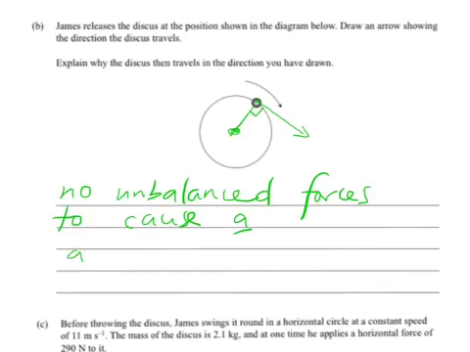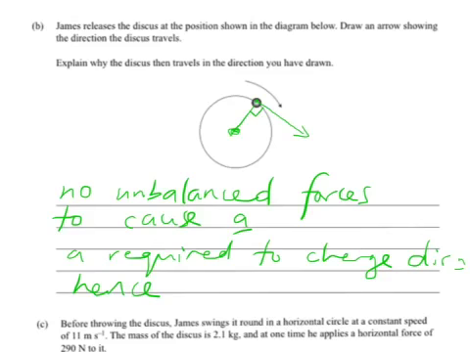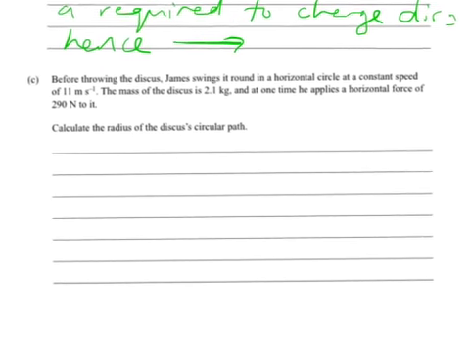So acceleration is required to change direction. Anything else of importance? No, I guess you could say a little bit on the end, hence it travels in a straight line, hence goes in a straight line. There we go. Moving on, trying to keep it fast.